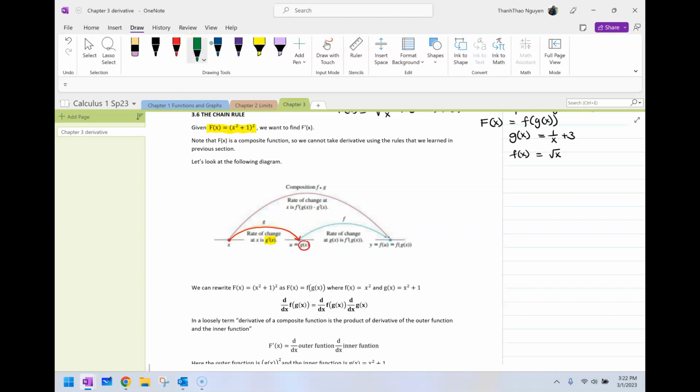In the next case, the composite function f of g of x taking the value g of x, then our rate of change is f prime of g of x. Combined together, this gives you the derivative of a composite function: f prime of g of x times g prime of x.